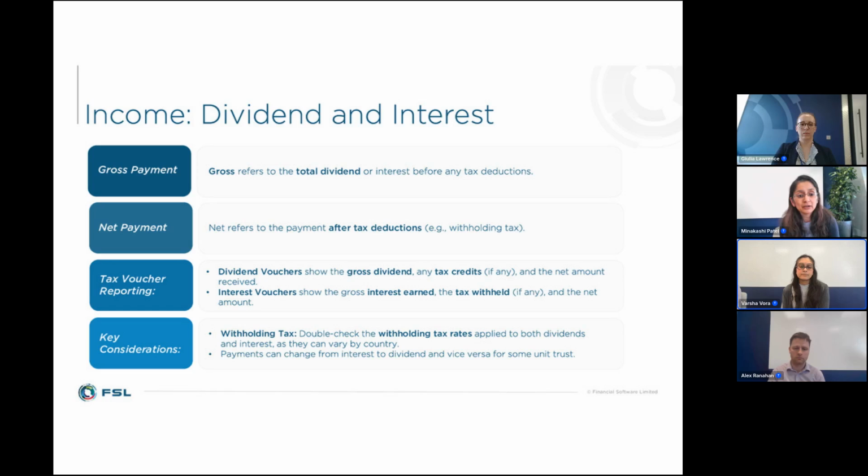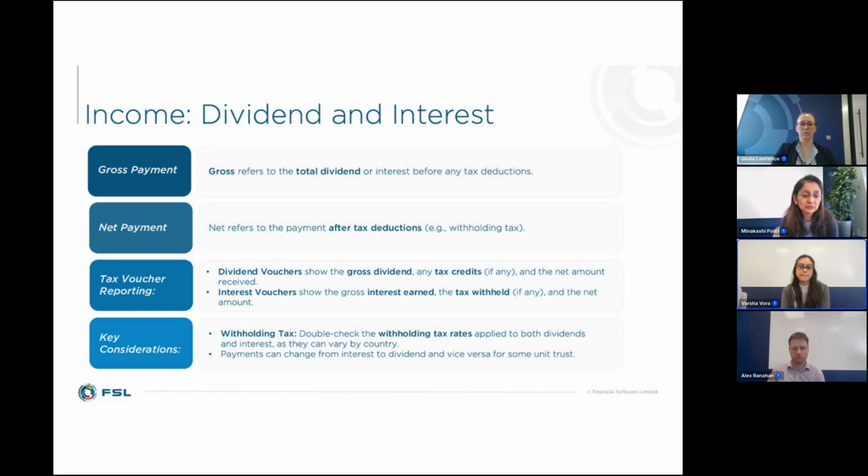The key consideration to take away from here is mainly withholding tax. Double check the withholding tax rates being applied to both dividends and interest, especially as they can vary between countries, and make sure the rate of withholding tax is consistent for that particular country.